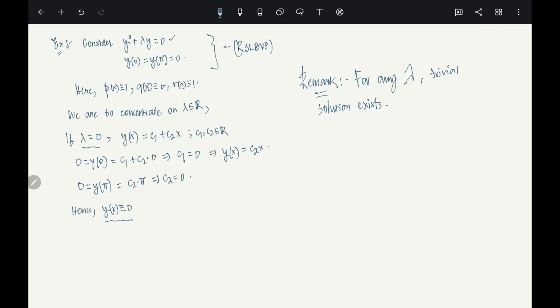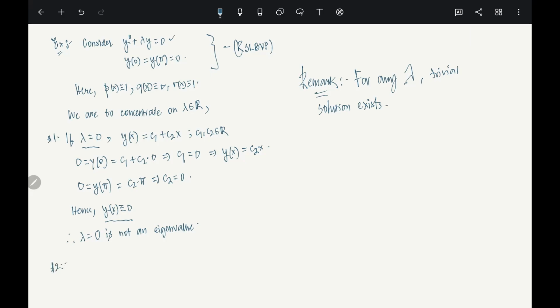Since this is the case, lambda equals 0 is not an eigenvalue. Okay, right. So this is case 1, let's say.